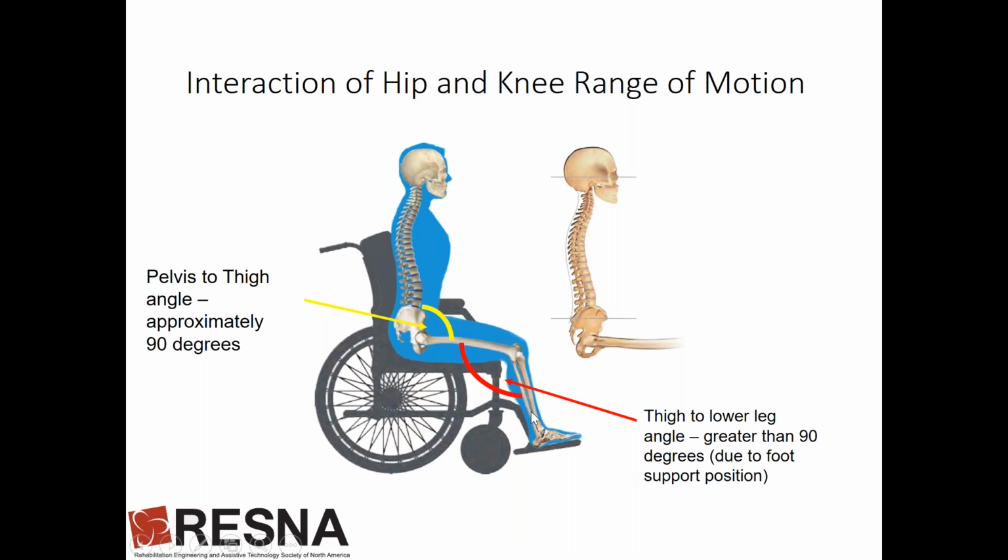When I take the ankle and the lower leg, I should be able to do a straight leg raise to at least 110 degrees. If I can't, then I need to adjust this footrest. Does that make sense? When someone is sitting at 90 degrees, I should be able to get the foot out so this angle here is at least 110.